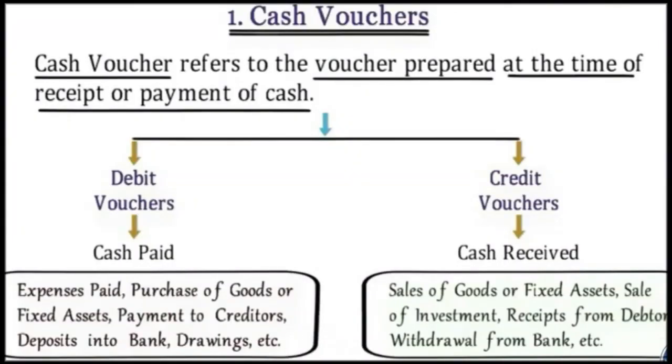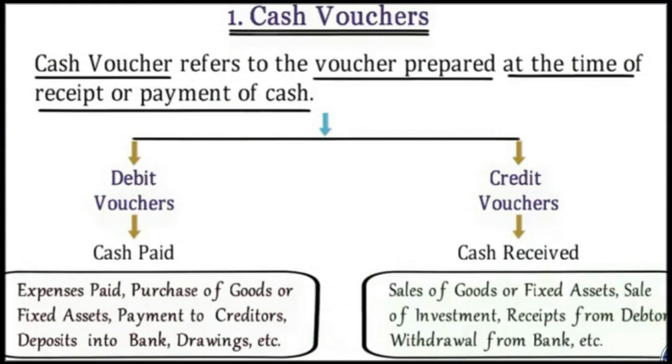First we will discuss cash vouchers. Cash vouchers refer to the vouchers prepared at the time of receipt or payment of cash. That means when we receive cash or pay cash, cash vouchers are prepared. These are of two types: debit vouchers and credit vouchers.